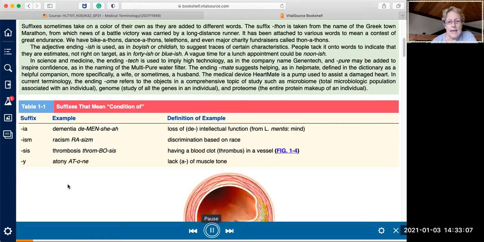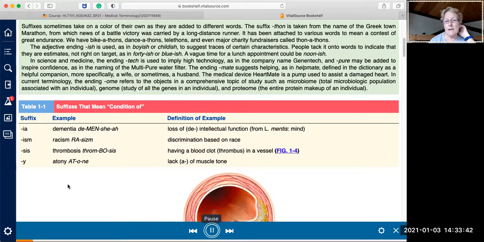So when you see IA at the end of a word, and they're giving you an example of dementia, you can see that the definition is a loss of intellectual function from mentis, or we know it usually as mentation. Then you're going to see that IA means a condition of something to do with mentation or your mind.